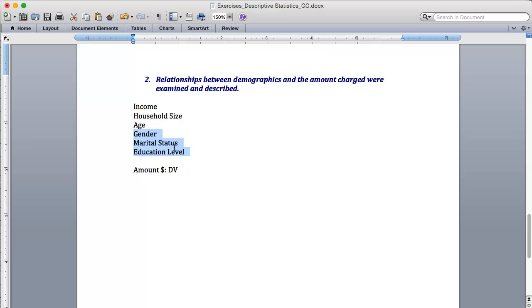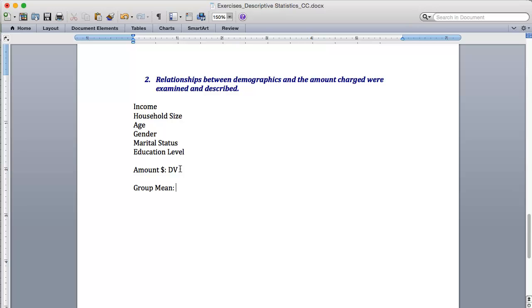So here we're going to use our group mean technique, and we're going to create two groups of amount charged, for the men, for the women. For marital status, we have three categories: single, married, and divorced, and we'll create three different distributions of amount charged to see if there's any significant difference or any apparent difference between the means.